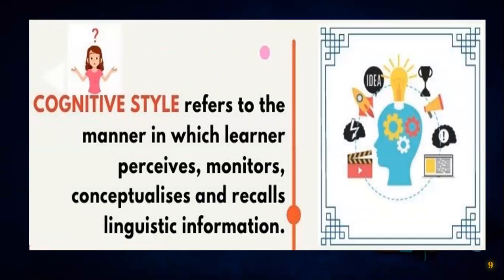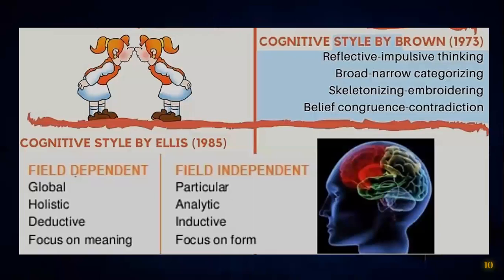Now, another factor is the cognitive style. Cognitive style refers to the manner in which a learner perceives, monitors, conceptualizes, and recalls linguistic information. Cognitive style by Brown is classified in reflective impulsive thinking, broad narrow categorizing, skeletonizing, broadening, belief congruence contradiction.